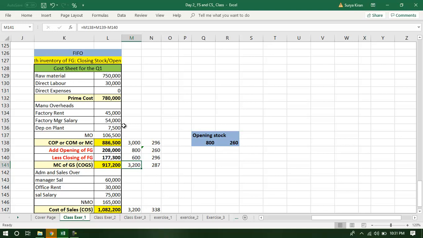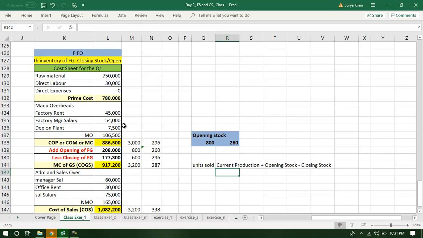Units sold is equal to current production plus opening stock minus closing stock.